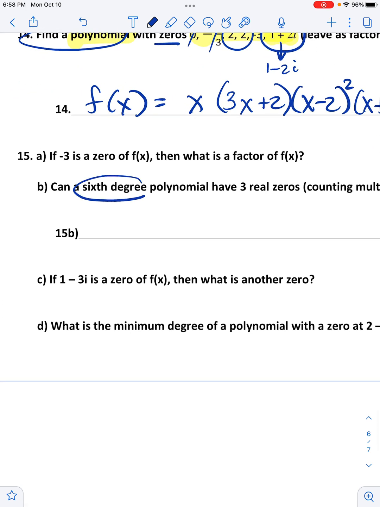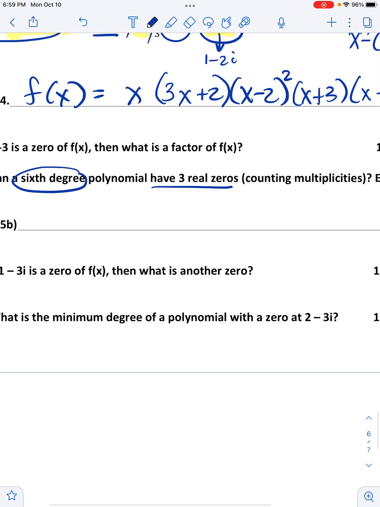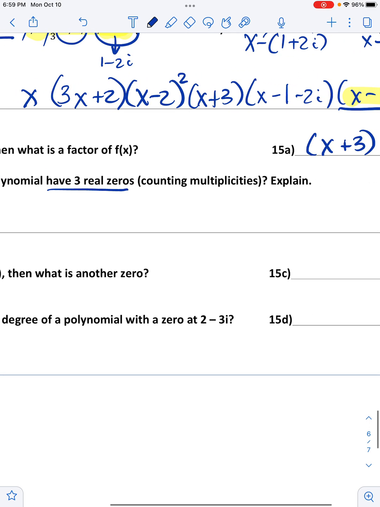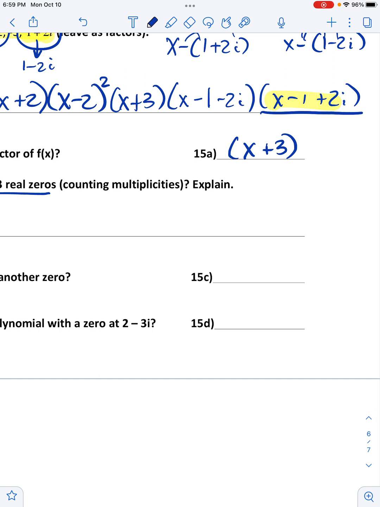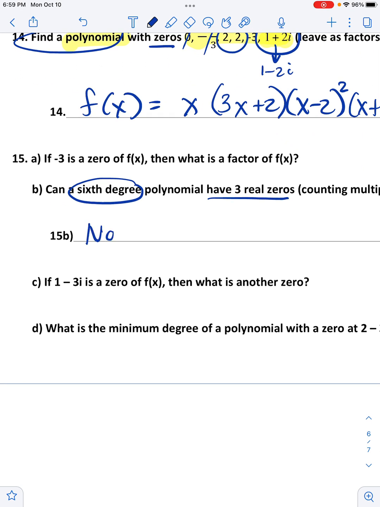Can a 6th degree polynomial have 3 real zeros? Counting multiplicities just means that you only have 3. So here is my 6. Can it split into 3 real, which would then force the other 3 to be imaginary? And the answer is no. And the reason it's no is that I can't have 3 imaginary. Why can't I have 3 imaginary?